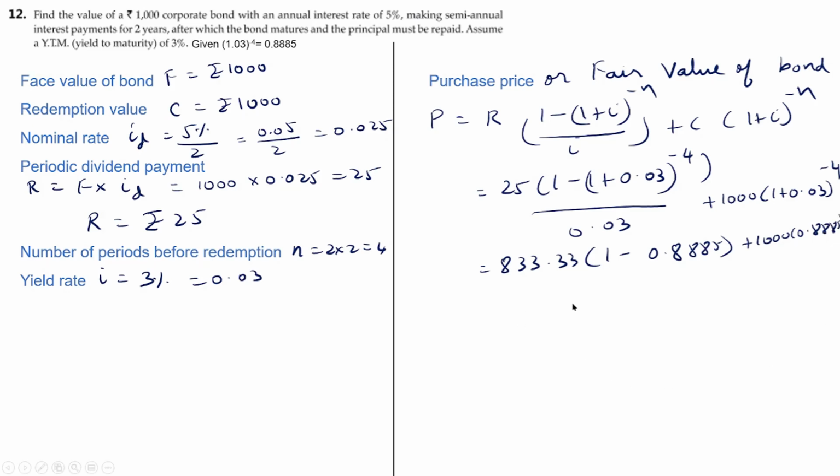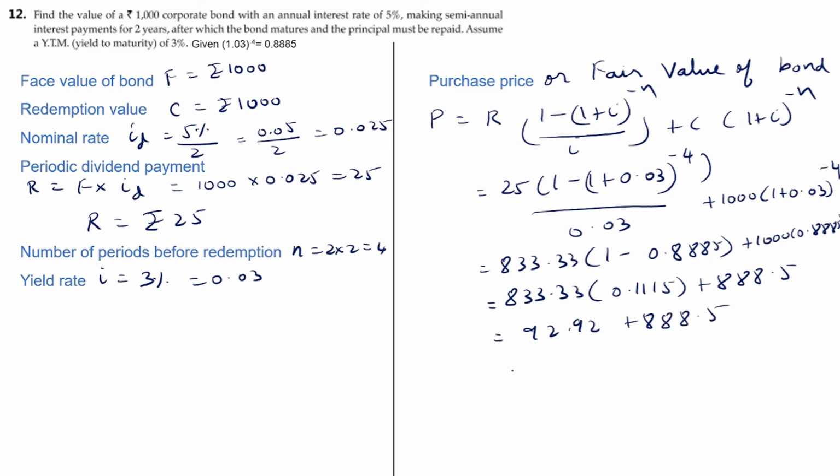So this is 833.33 into 0.1115 plus 888.5. Now when we multiply we get 92.92 plus 888.5, which is equal to 981.42.